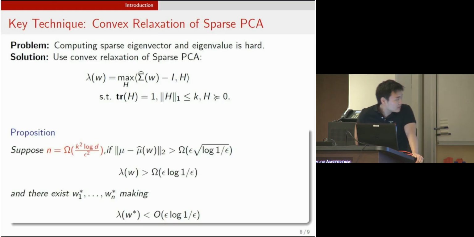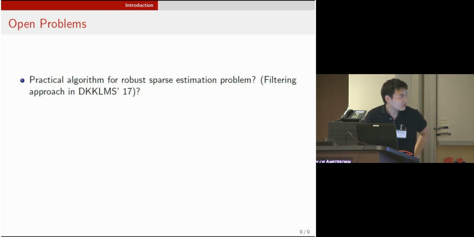We have a very similar proposition, but note that here we require the number of samples to be on the order of k squared log d over epsilon squared, which is actually necessary for this sparse PCA convex relaxation. We will use this convex program to construct our separation oracle. Okay, so that's pretty much our technique.